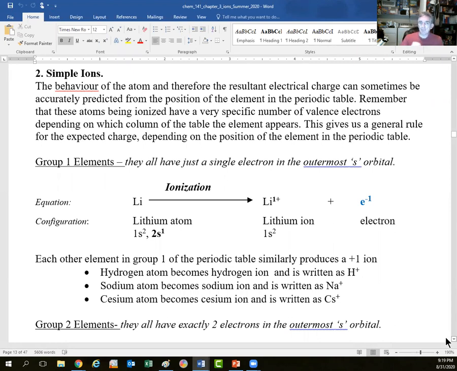So to recap, we've got metal atoms coming together with non-metal atoms. When they come together, the electrons have been transferred from the metal to the non-metal. The non-metals become negatively charged as they gain electrons to complete their shell, and the metals become positively charged as they lose electrons to empty their shell.